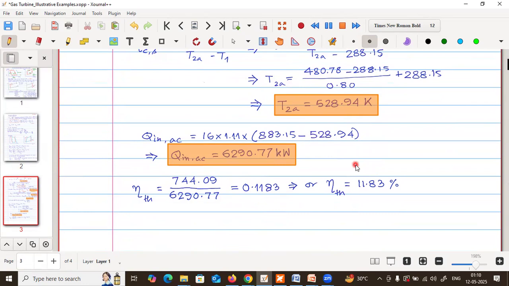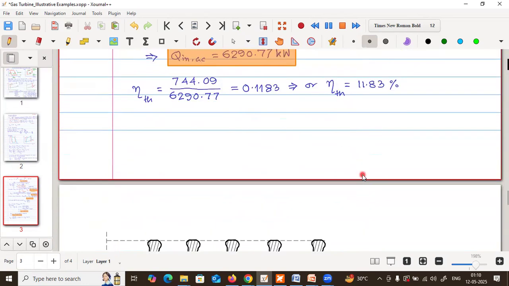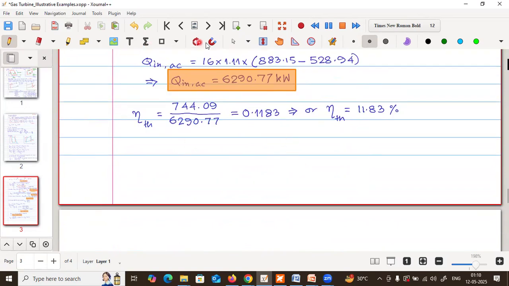So now we will see the work ratio, and from that we will get that idea. Next quantity that we will determine is, so here it is, this one. Efficiency is 11.83%.